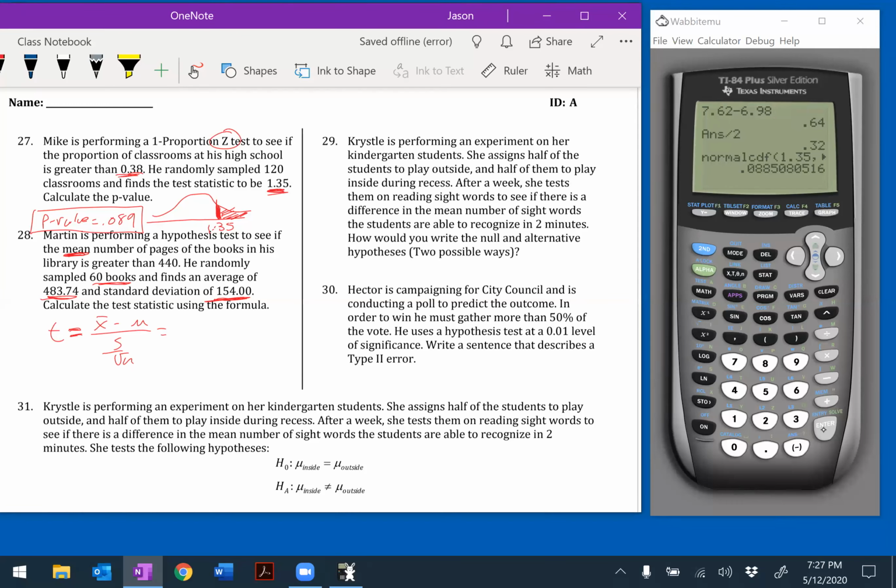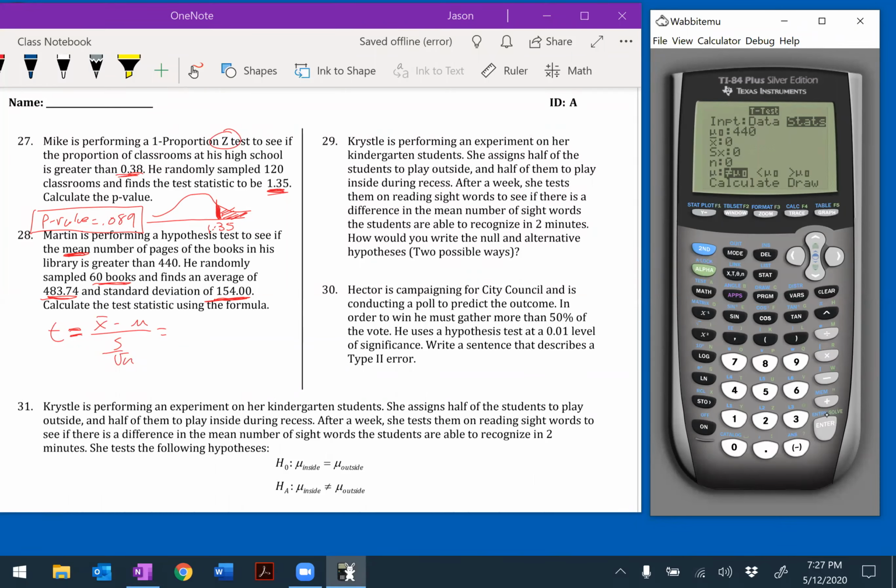Okay, so again, I'm just thinking, can we do this through the hypothesis test? Let's do a t-test and see if we could do this with a t-test. What is it asking for? Nope, not a z-test. T-test. Do we have enough data to run this? He thinks that it's greater than 440.